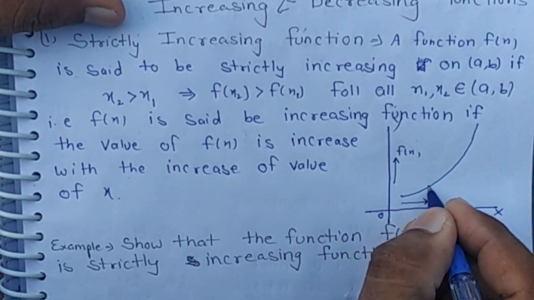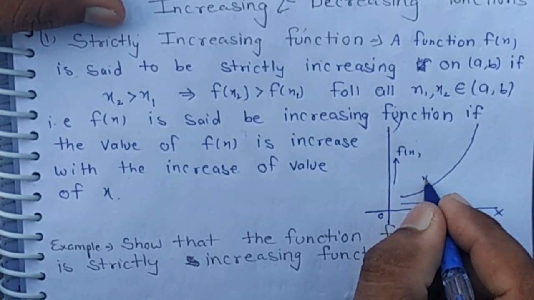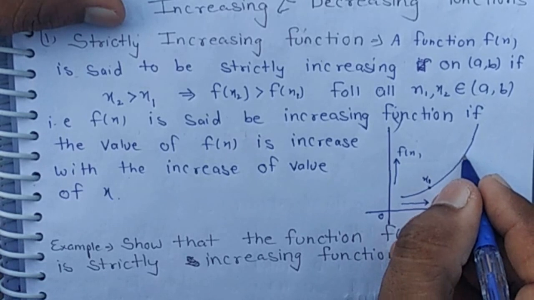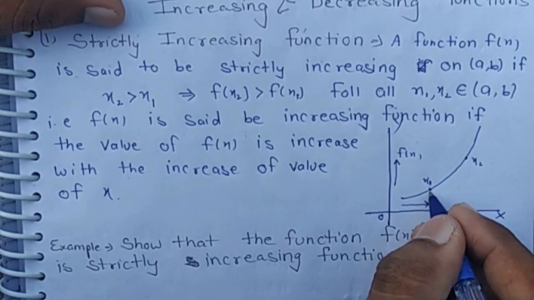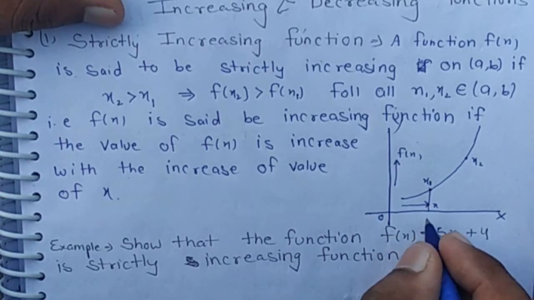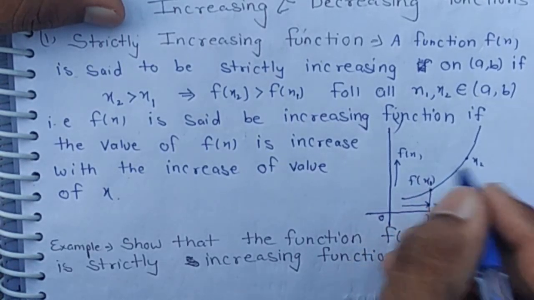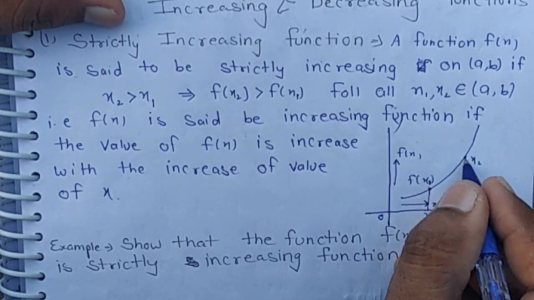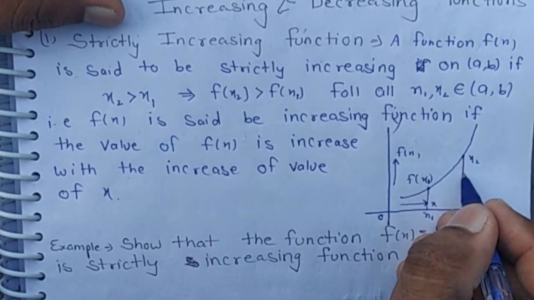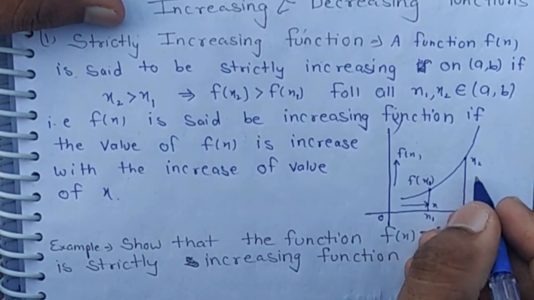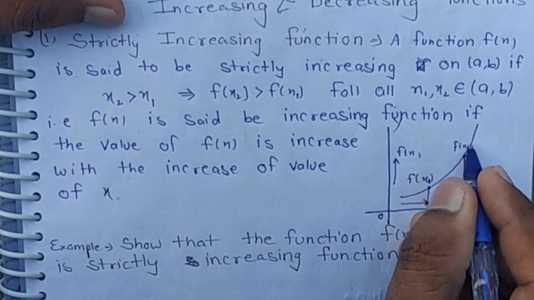Means if it is x1 and it is x2, since it is point x1, it is f(x1), the value at x1, it is point x2 and it is the value of the function at point x2, f(x2).